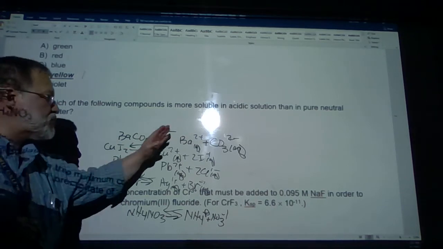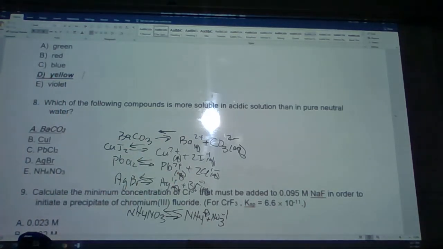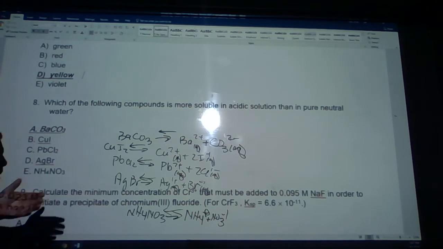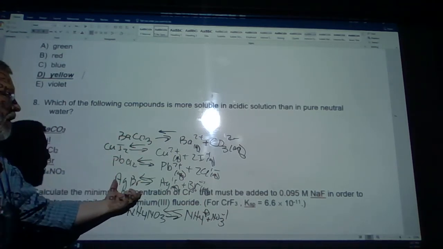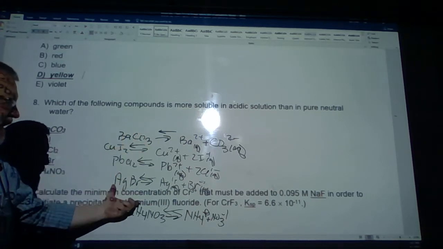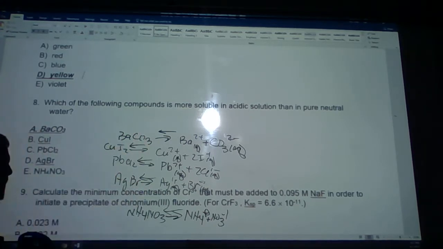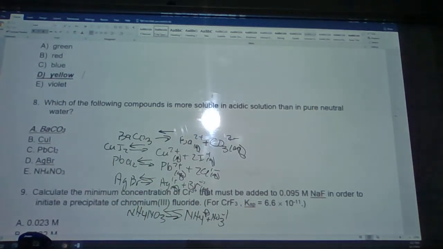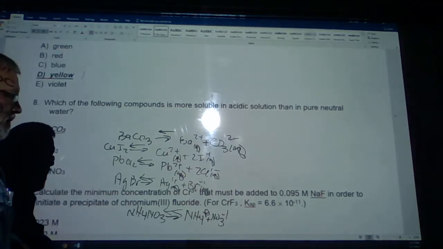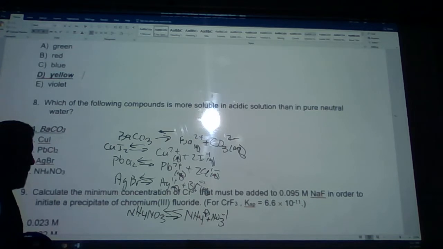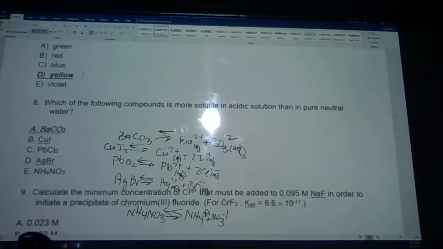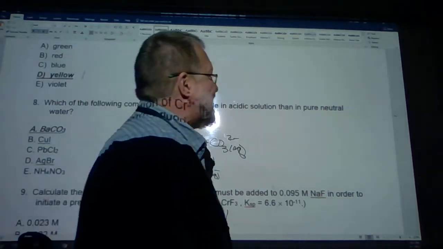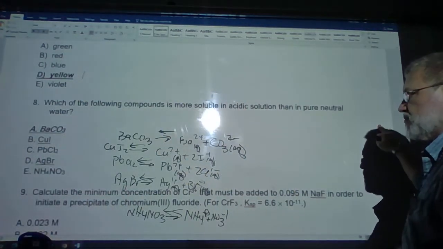Is that going to disturb the equilibrium in any way, such that we would have more of the solid dissolve into the water? Well, if we're looking at what we're adding to this mixture of ions, what are we adding? This is what we would get if we have just pure water. But what if we have an acidic solution of water?